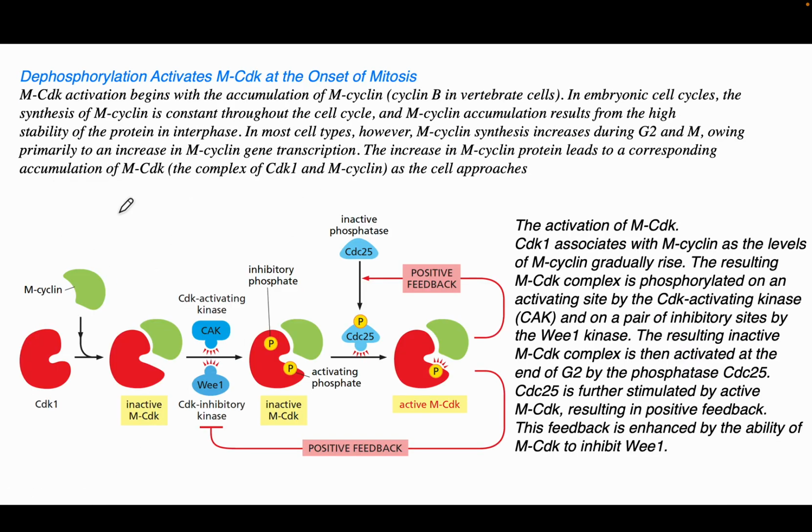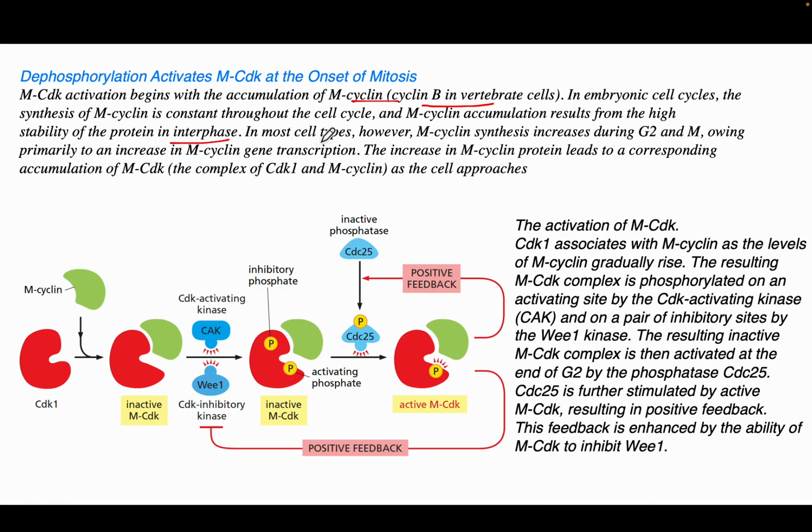Now another scenario: dephosphorylation activates MCDK at the onset of mitosis. How is MCDK getting activated? MCDK activation begins with the accumulation of M cyclin. This is also called cyclin B in vertebrate cells. In embryonic cell cycles, the synthesis of M cyclin is constant throughout the cell cycle, and the M cyclin accumulation results from the high stability of the protein.